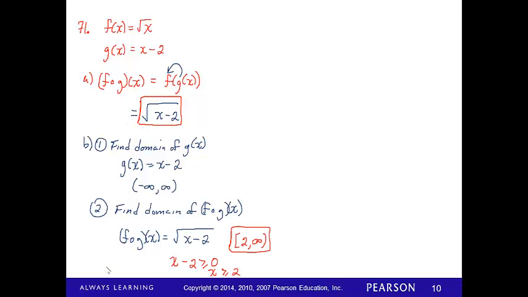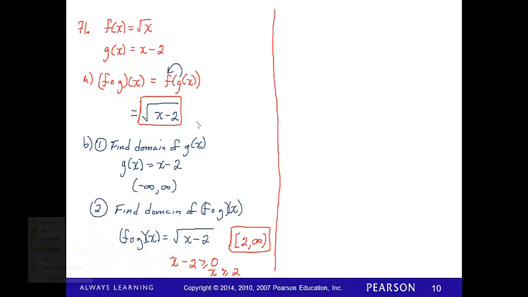Alright, now let's work on number 81. This time it says, express the given function h as a composition of two functions f and g, so that h of x is equal to f of g of x.